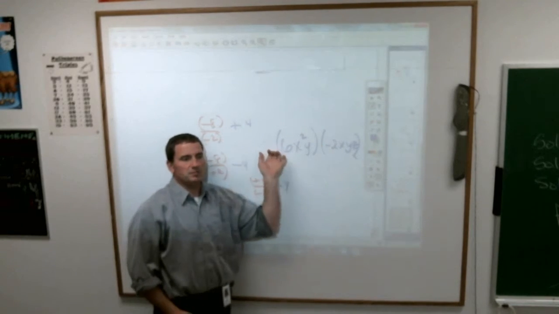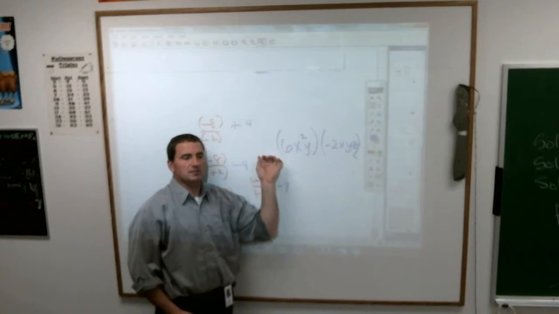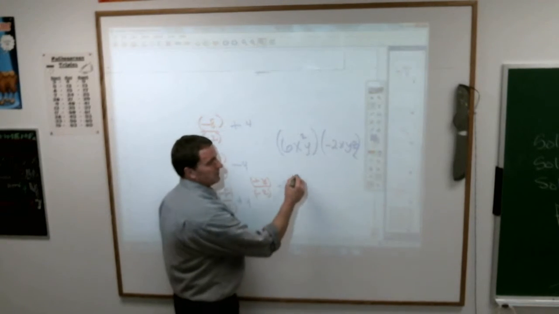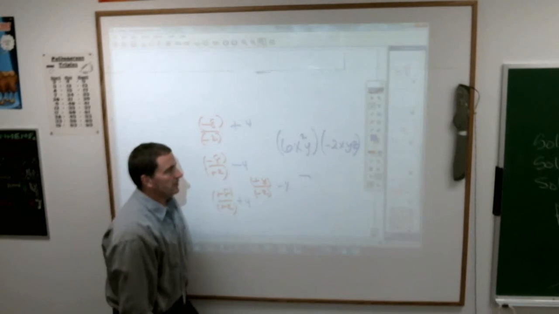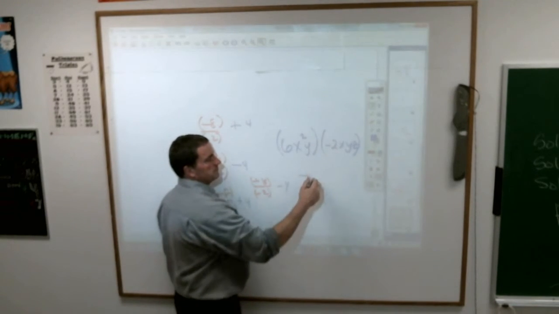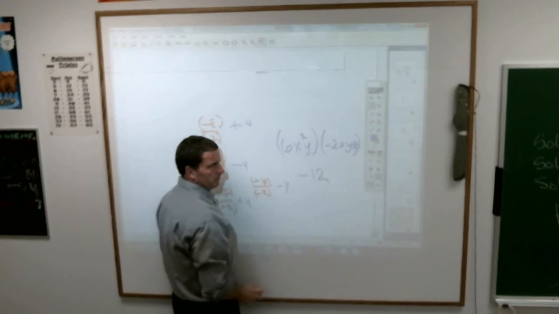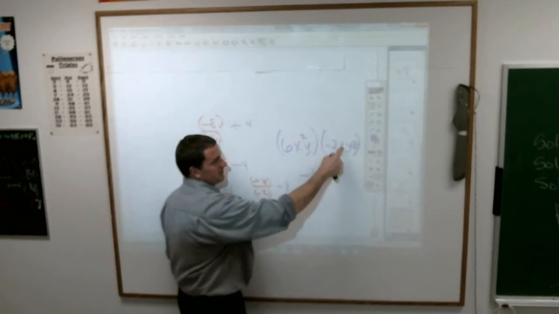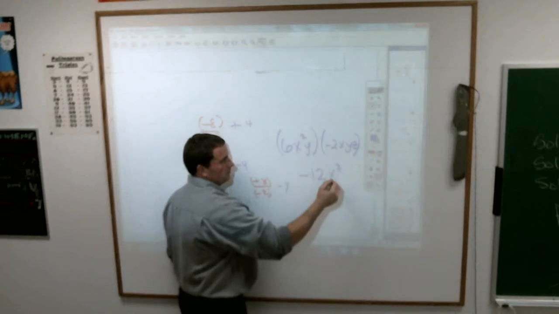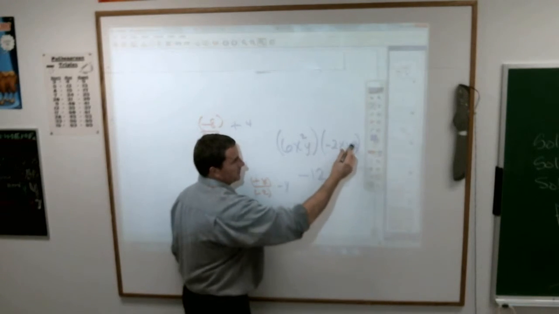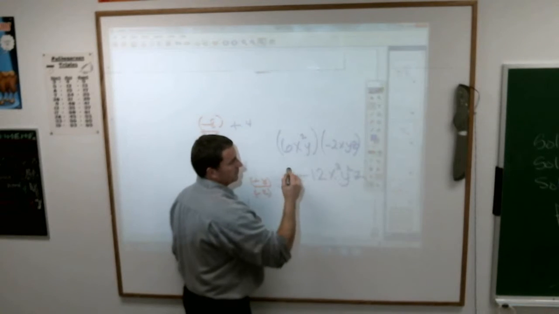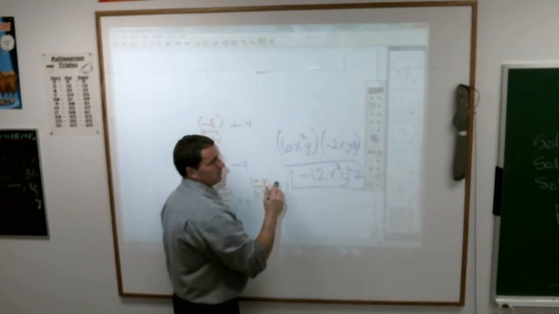Do they both have the same sign, or do they have opposite signs? Opposite. So you know your answer is going to be negative. That's the first thing you put down. So it's going to be a minus. Now what do I get when I multiply? 6 times 2 is 12. X squared times x is x cubed. Y times y is y squared, and then there's a z that doesn't have anything else to multiply with. So there is your answer.